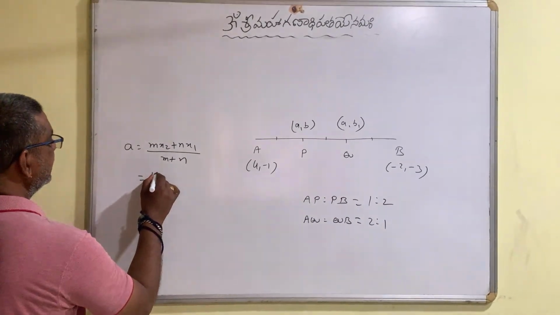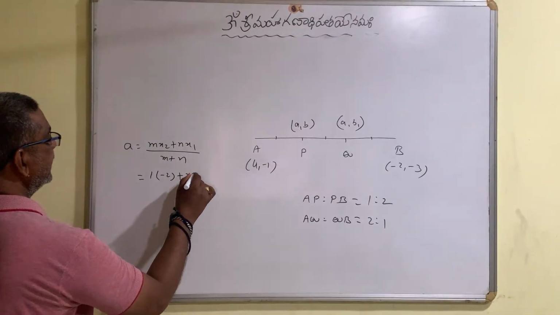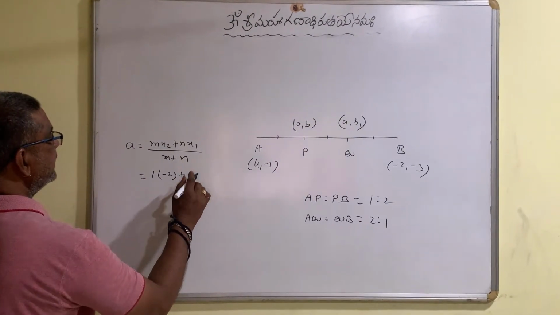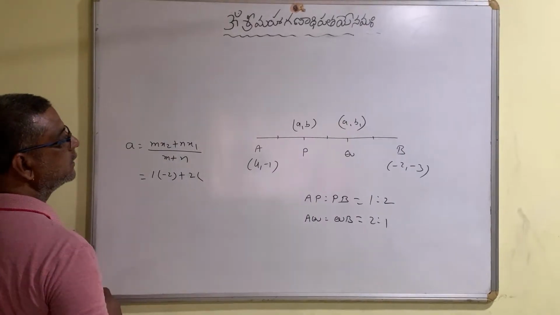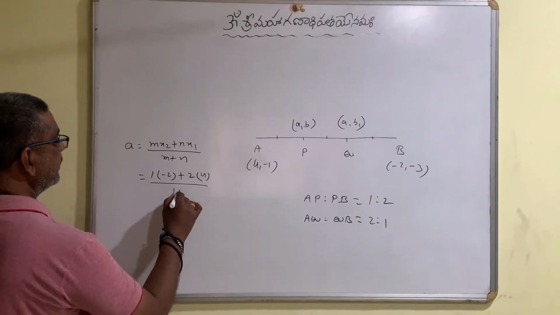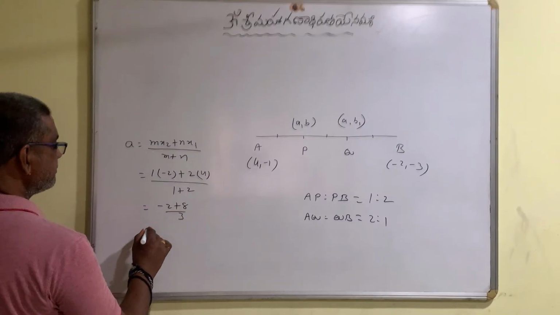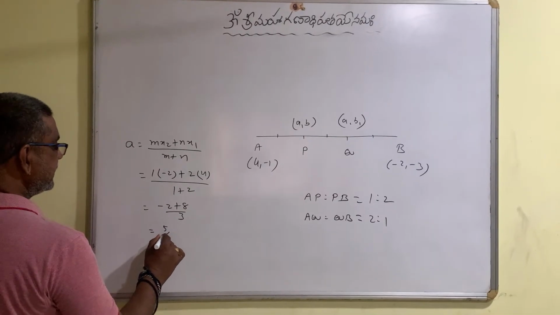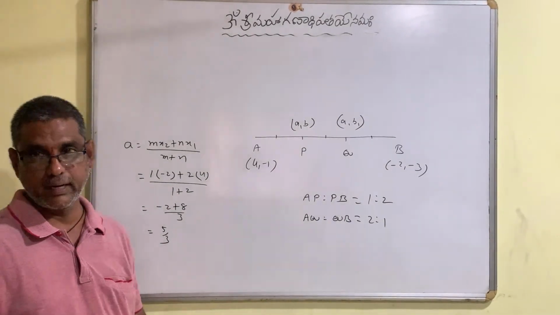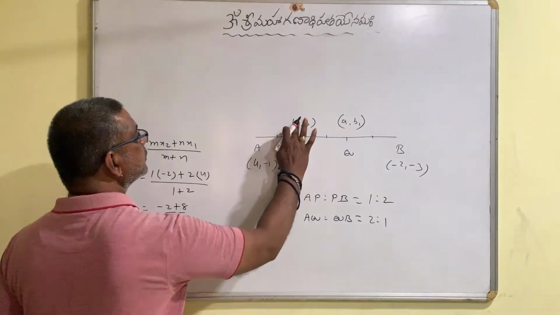M is 1, x2 is minus 3, n is 2, x1 is 4, by m plus n, 1 plus 2: minus 3 plus 8 by 3, which is 5 by 3.